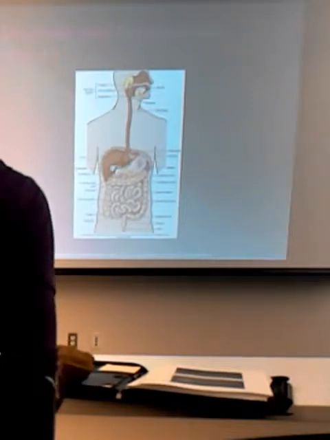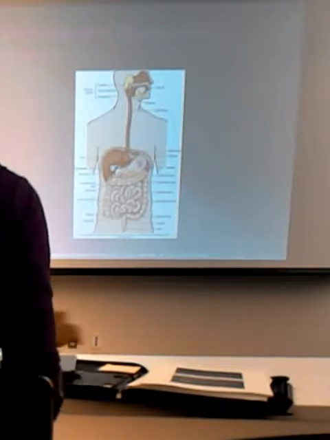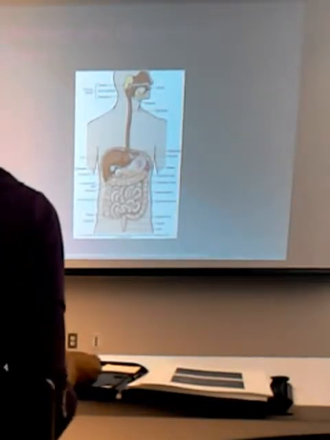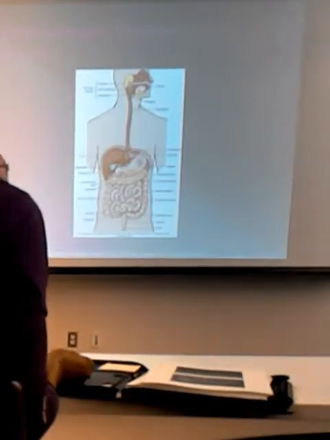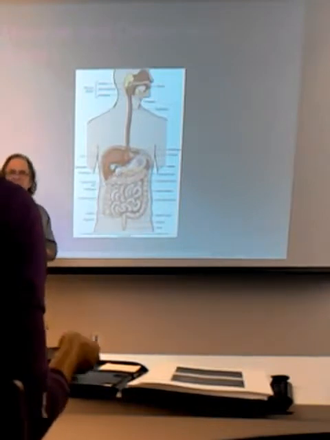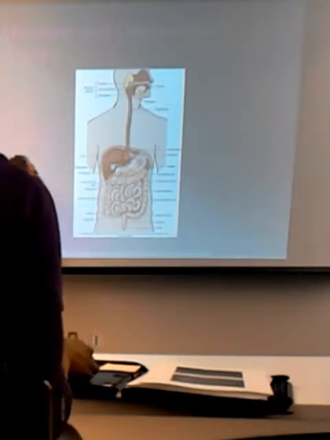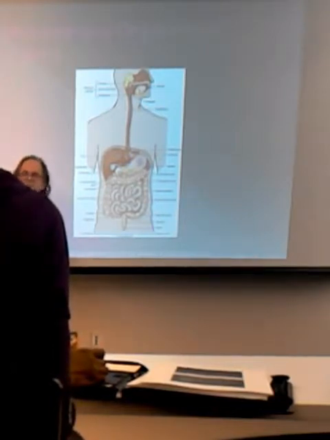Protein digestion begins in the stomach. Begins. It's not substantially done in the stomach. Then the stomach jets stuff out to the small intestine. The first part is the duodenum, and we're going to cover all the different parts of the small intestine.